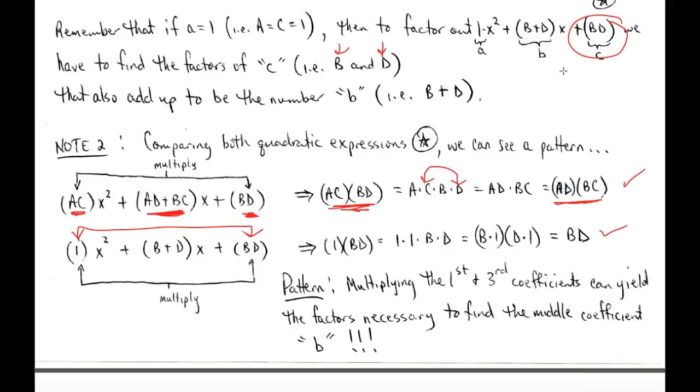So saying all this to say is that when we factor by grouping, we start off by multiplying the leading coefficient and the last coefficient. And I just express that as the first and the third coefficients. Okay, so if we multiply that and then break down that number into its factors, to where B times D is that result, but B plus D, or in this case, AD plus BC, ends up being the number that we need in the middle there.